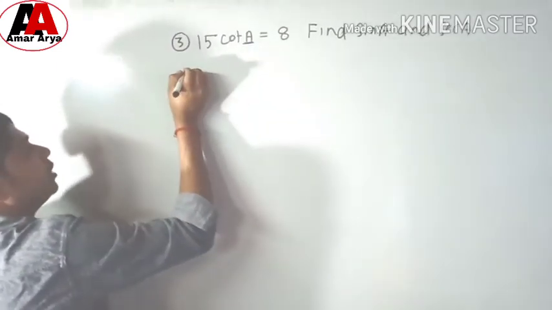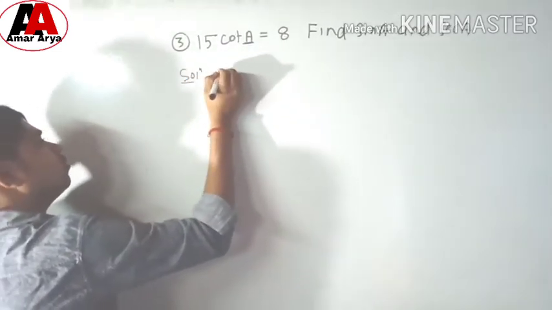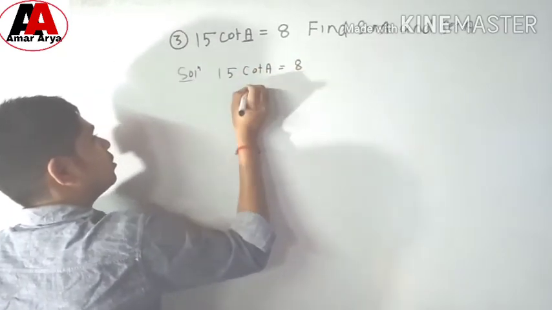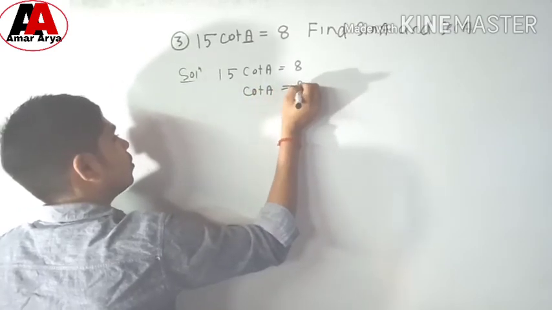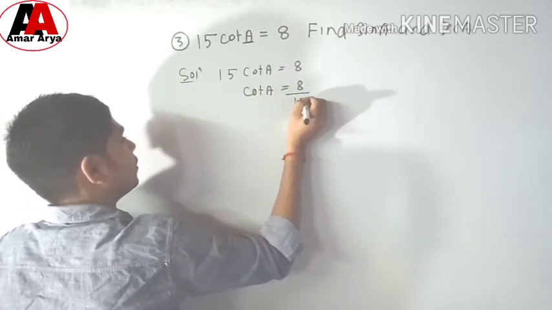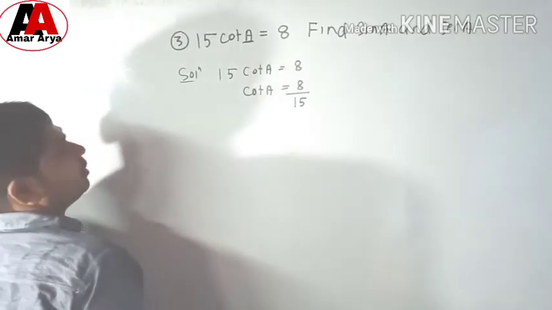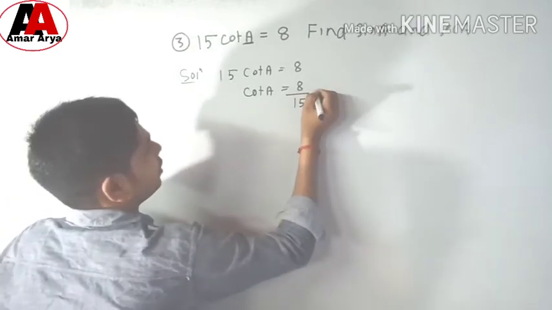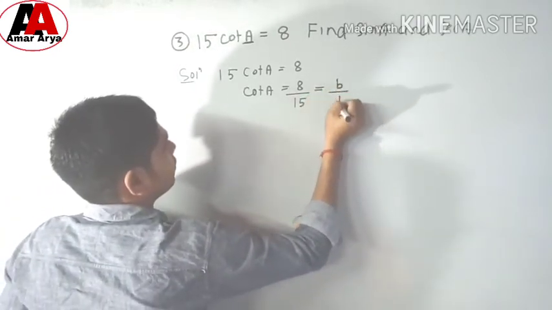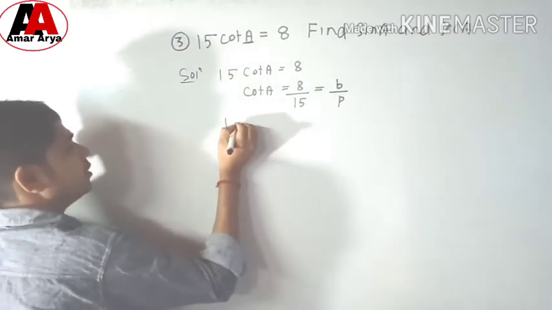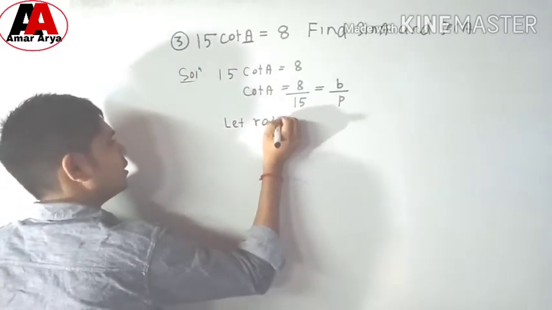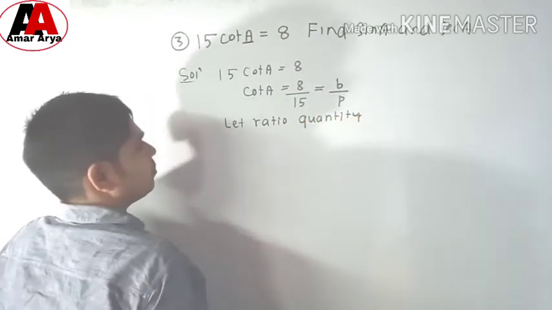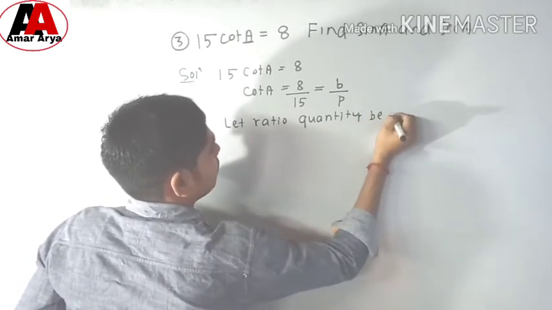Okay, so first of all we can write here 15 cot A equals to 8. So cot A equals to 8 by 15, and after that we can write here this is the B, here is the P. So let the ratio quantity be x.